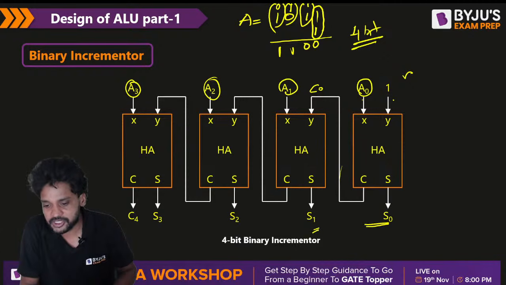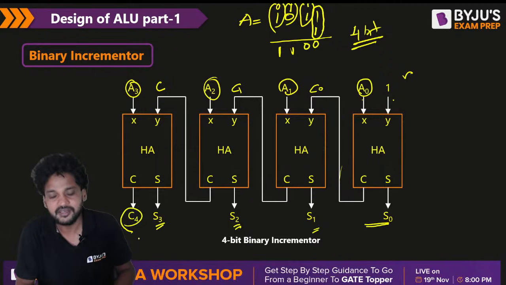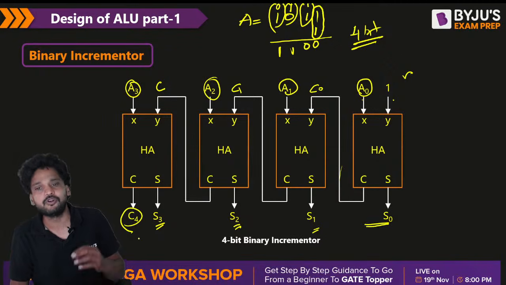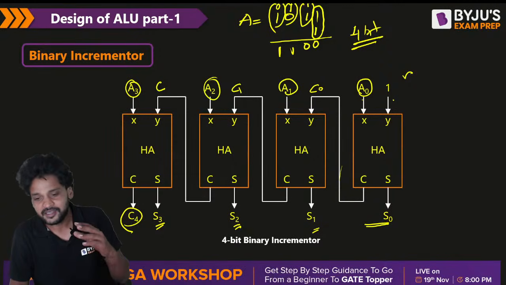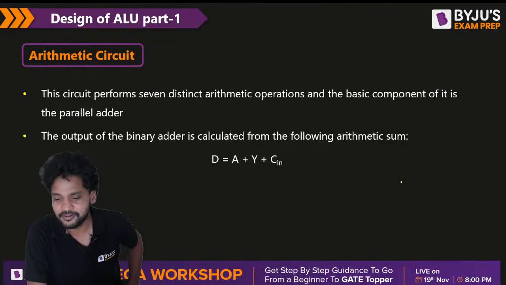Sum will be produced here, carry will be produced here. So this is C1. A2 plus C1 will get added, sum 2 will get produced here, carry will be added. A3 plus carry, S3 will be here, C4 will be here. This circuit will simply be able to perform the incrementing operation.